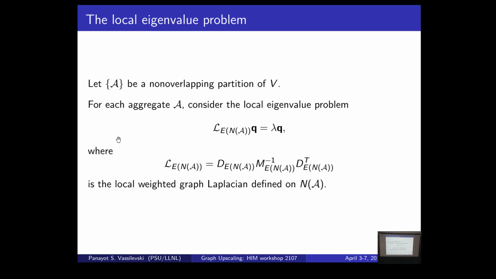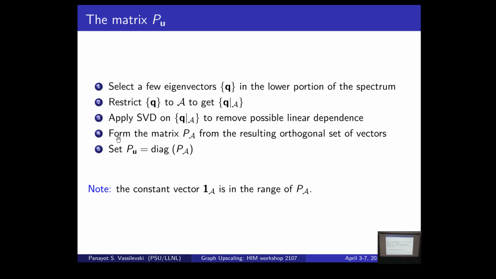The local problem that I'm using is the extended one, which covers the aggregate and the neighborhood, all the edges. So you solve this local eigenvalue problem, and this is the original. You can also compute it using the saddle point matrix. As I said, we select a few of those eigenvectors.